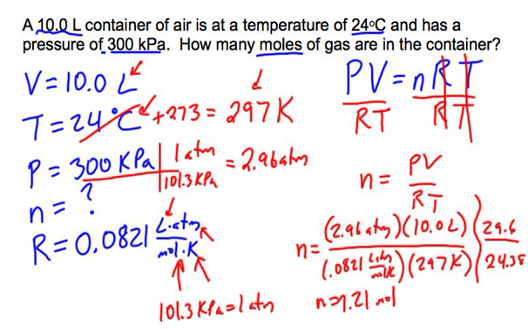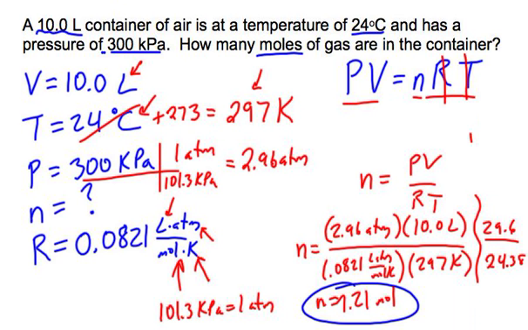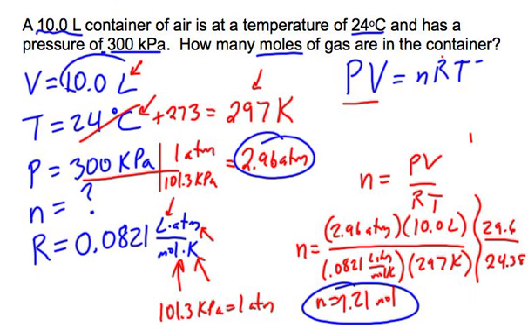So that should be my final answer, but it never hurts to check. We know the original equation, the ideal gas law, was that PV equals n times R times T. So to check this, we can just do a quick check and see what is P times V. So P, we said, was 2.96 atmospheres, and V was 10 liters. So 2.96 times 10 is 29.6.